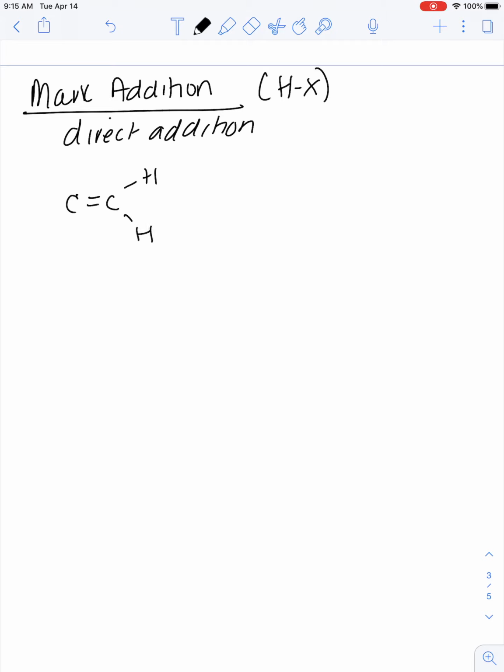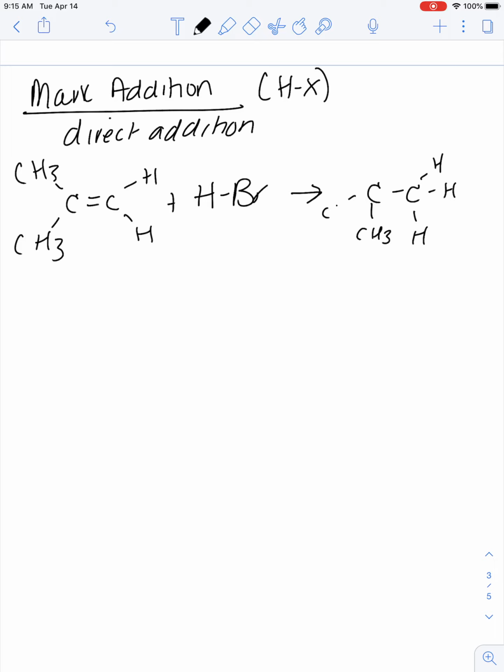If we look at this alkene right here plus a strong acid, we'll use hydrobromic acid, we're looking at Markovnikov, which means our halogen is going to go to our more substituted carbon. So the bromine would go to this carbon because this is a tertiary, whereas this is a primary.